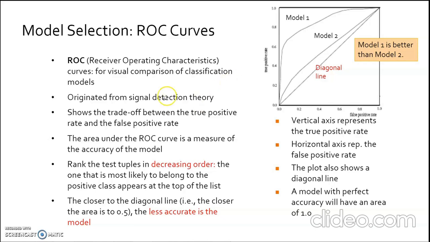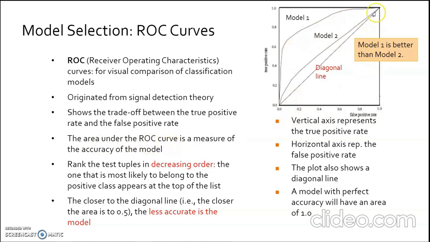An ROC curve shows a trade-off between true positive rate and false positive rate. The y-axis represents the true positive, and the x-axis represents the false positive. So the area under the ROC curve is a measure of accuracy.